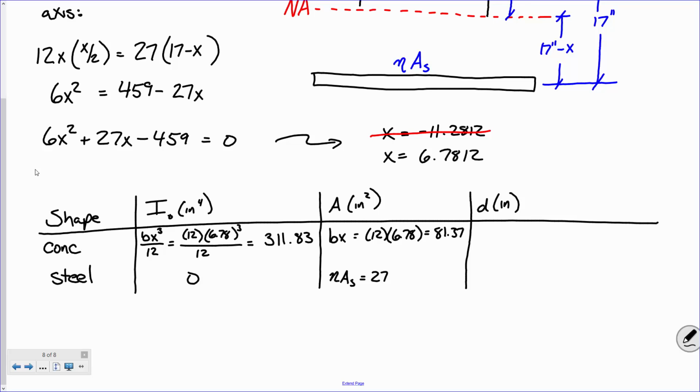Now, our centroidal distance. Remember, when you're applying parallel axis theorem, what are the d values? Let's remember conceptually: the distance from the centroid of the whole thing to the centroid of each individual shape. So how far is it, let's start with the concrete, from the neutral axis of the entire shape to the centroid of that concrete block? x over 2.